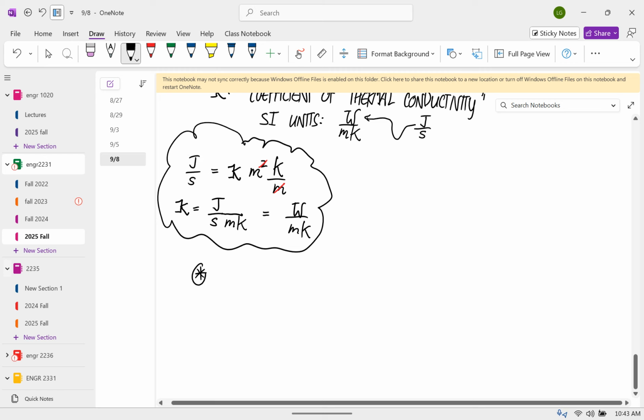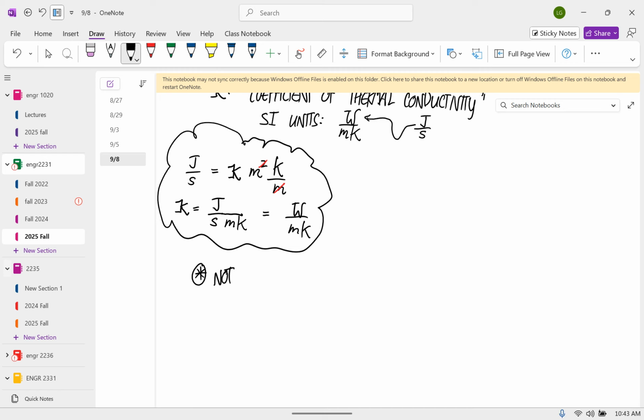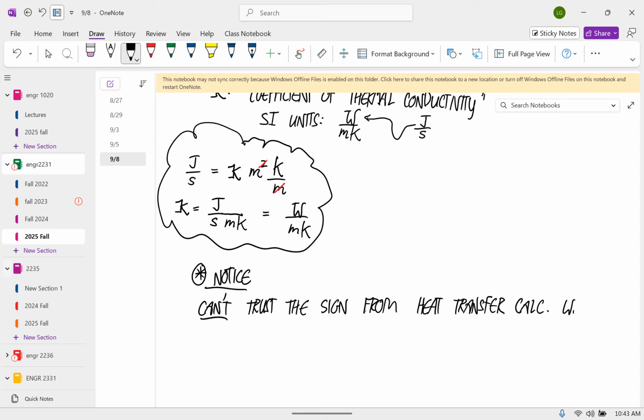One thing that is important, for conduction and for the other types of heat transfer too, is that you can't trust the sign from the heat transfer calculation when using it in the first law.